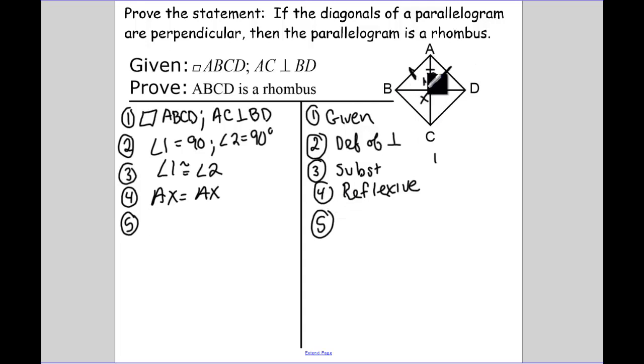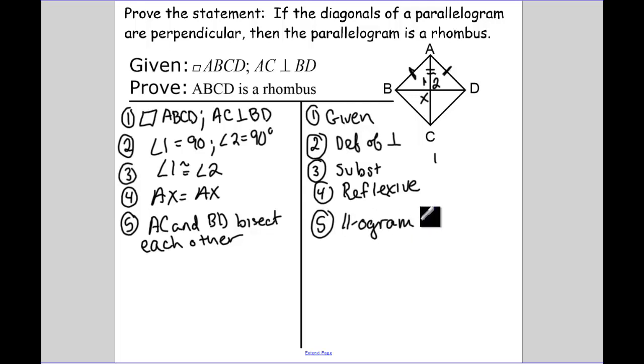If I could get BX equal to XD, that would be helpful. We know since ABCD is a parallelogram that AC and BD bisect each other. And that's because a parallelogram's diagonals bisect.